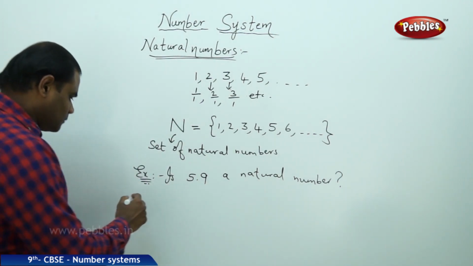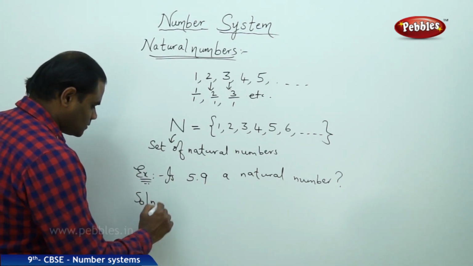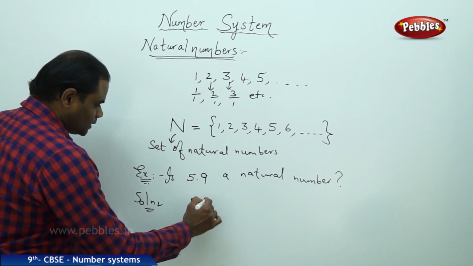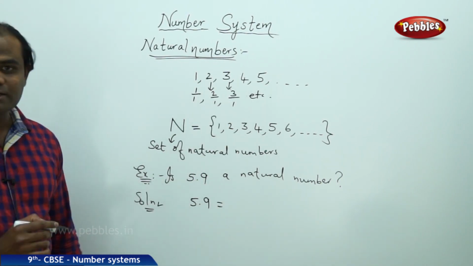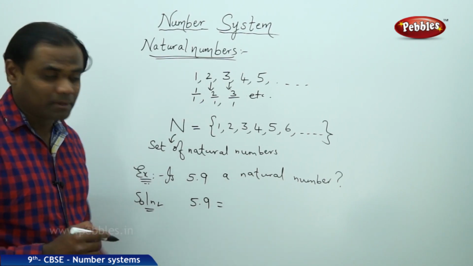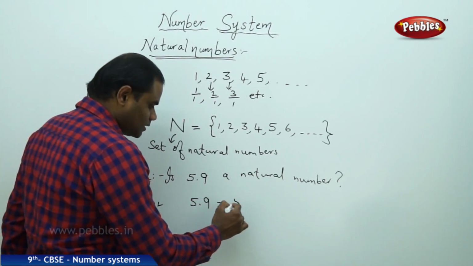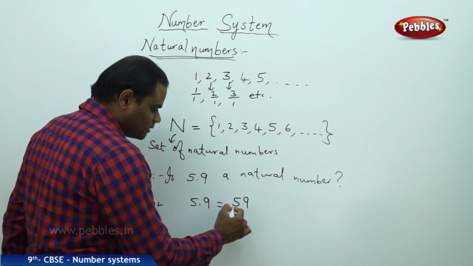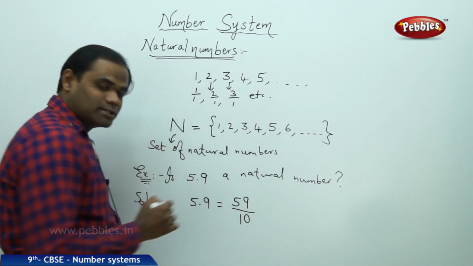Now 5.9, if I write this down here, I understand that it is a decimal number to the approximation of one decimal place, and this in turn can be written in the non-decimal form as 59/10.